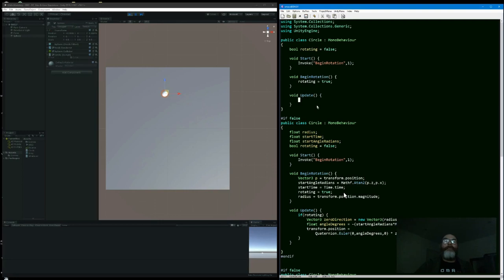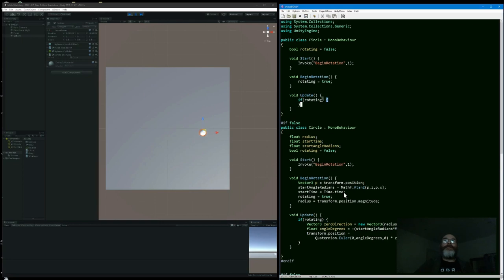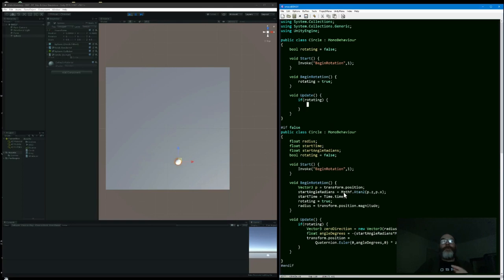So, if rotating, this little bit here is just going to, after 1 second, start calling the code in here. And now, what I'm going to do is make my ball move in this way.